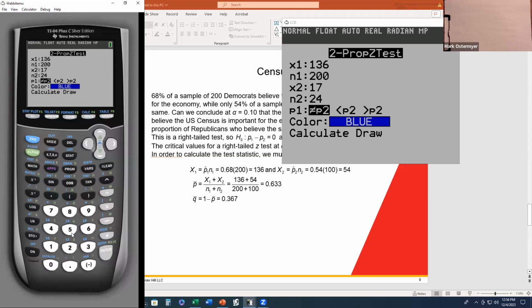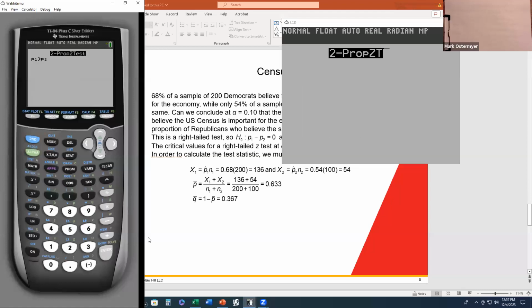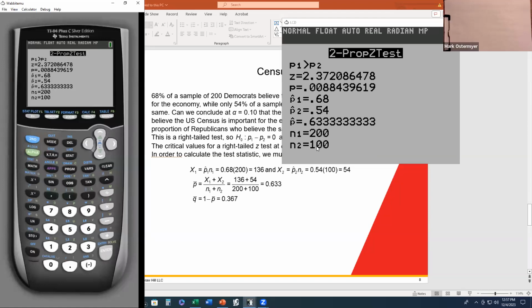X sub 2 is 54. N sub 2 is 100. This is an upper tail test. And we do get a small p-value, 0.009, which is less than even 1%. So we could even reject the null hypothesis at 1%. So this is a very conclusive test.